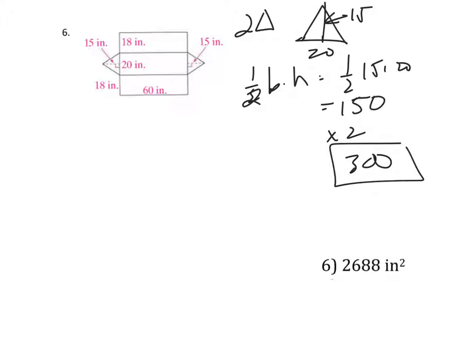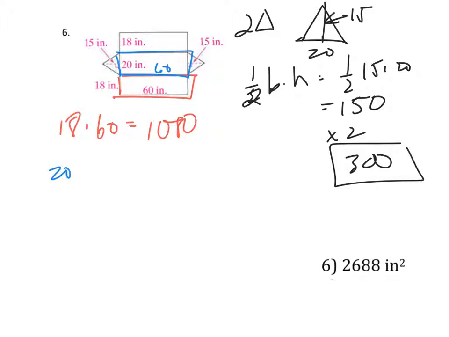Then the rectangles, we can see an 18 by 60. So 18 times 60 is 1080, right? And then we can see in here a 20 by 60. So 20 times 60 is 1200.